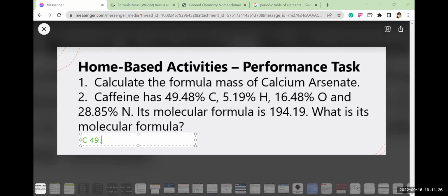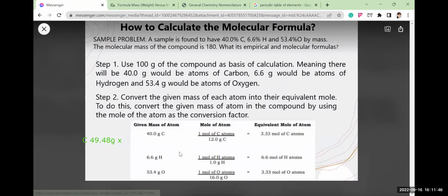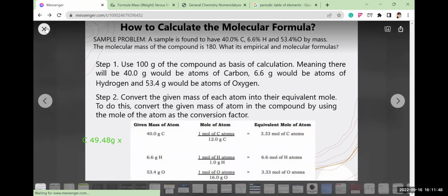So caffeine has 49.48 grams. You multiply it to its molar mass. But what is the molar mass of carbon? If you go to the periodic table, 1 mole of carbon is, if I'm not mistaken, 12 grams. Tama, 12 grams. Tama.